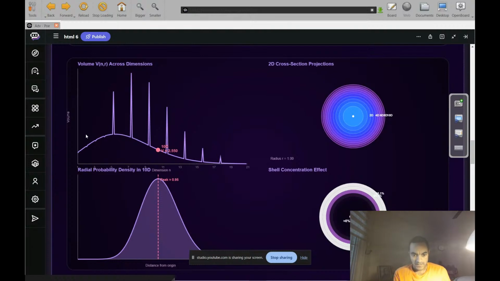So here we have volume versus the probability density. Looking at the graph, you can see it has a bell curve like shape. It has to be because it's related to the gamma function, which deals with growth, not exactly exponential growth, but you know what I mean.